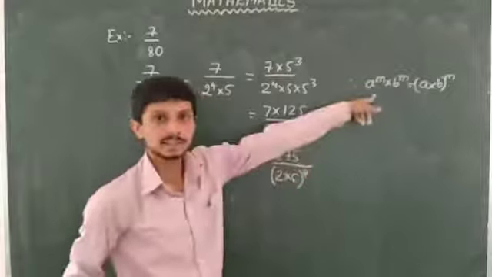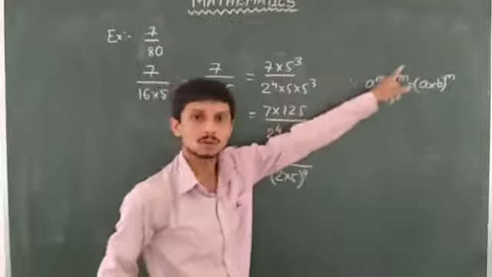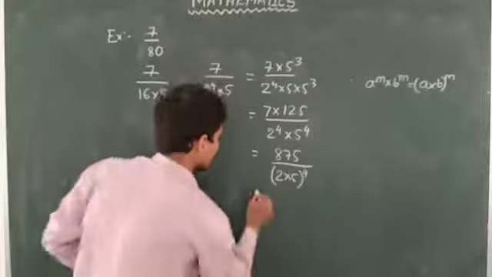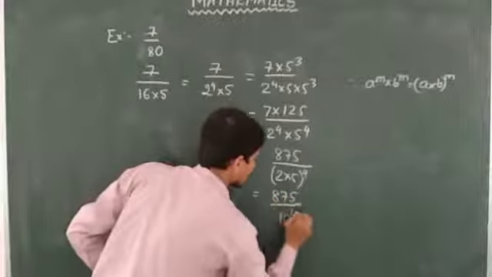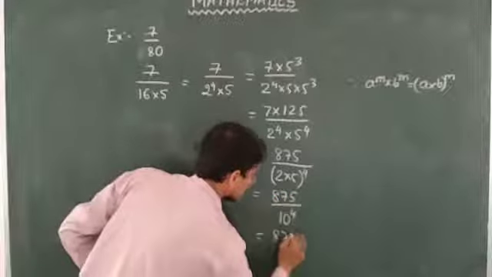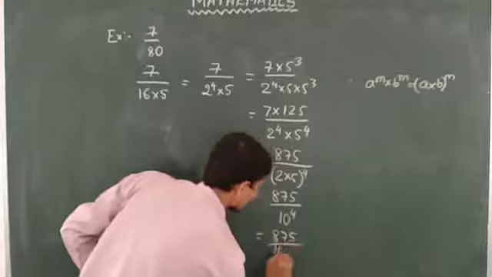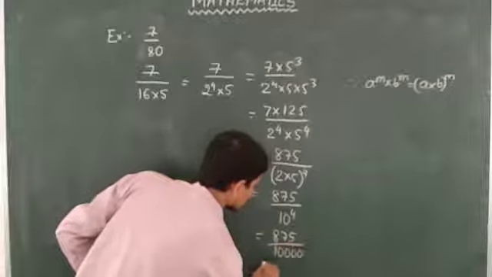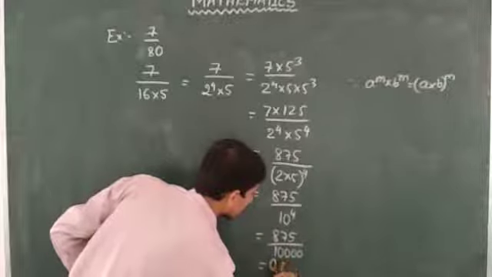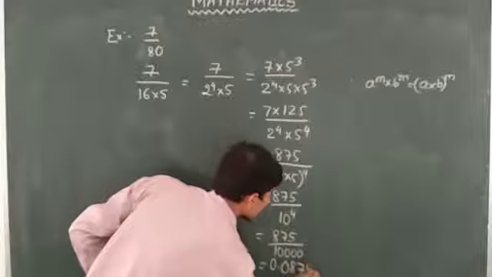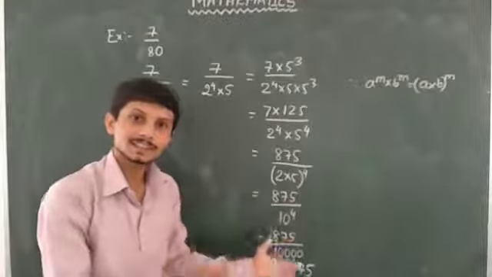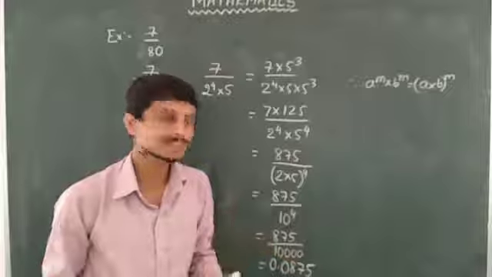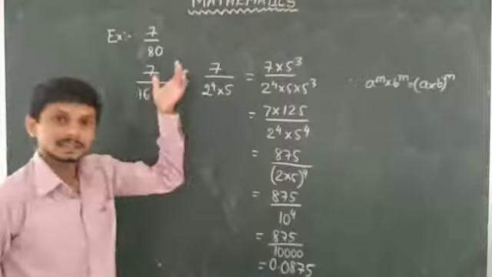From the identity a raised to m into b raised to m is equal to a into b whole raised to m, it is 875 divided by 10 raised to 4, which is 875 divided by 10,000, equal to 0.0875. So 0.0875 is the answer.